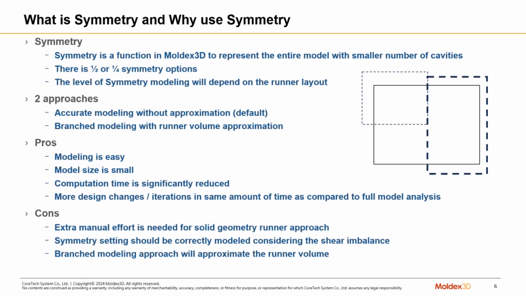Why? Because the shear imbalances within the runner and all the branches are important to consider. So we're going to talk about that. And then the branched modeling approach will approximate the runner volume. We're going to focus on that as well. Like, how does it approximate, right? So this is the overall picture of what the symmetry looks like.